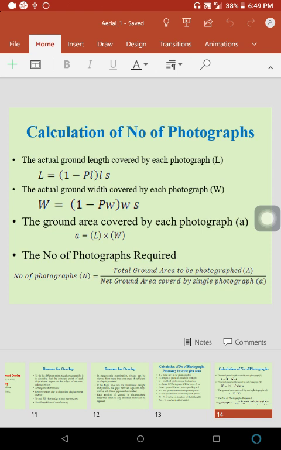So the ground area covered by each photograph will be capital L into W. The total number of photographs required to cover the given area is equal to the total ground area to be photographed, that is capital A, divided by the net ground area covered by a single photograph. So using this simple equation, you can find out the number of photographs required to cover the given area.